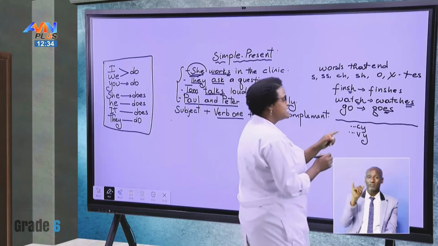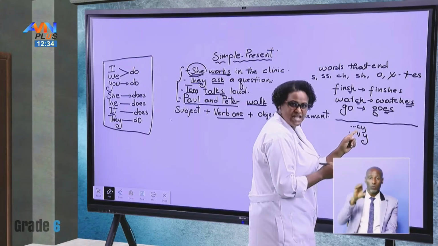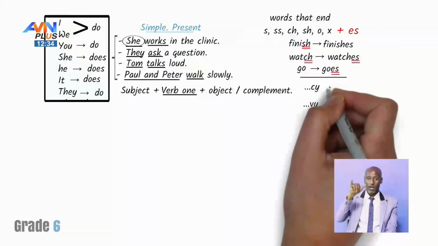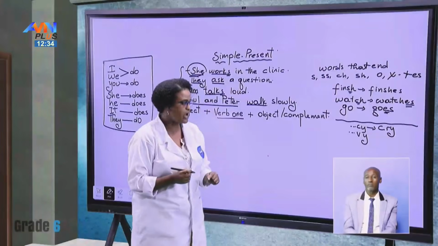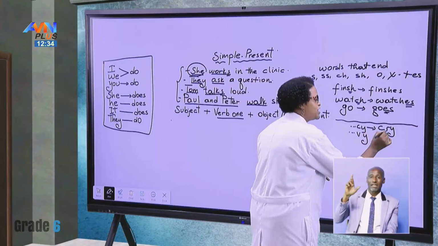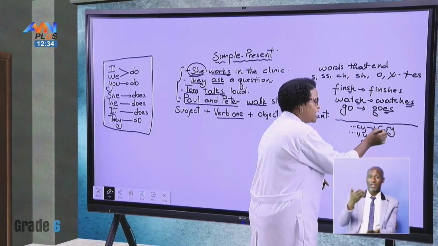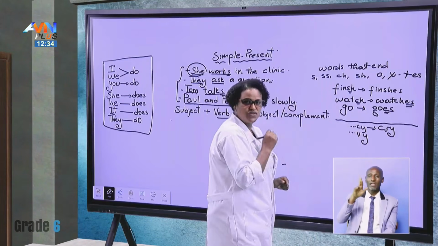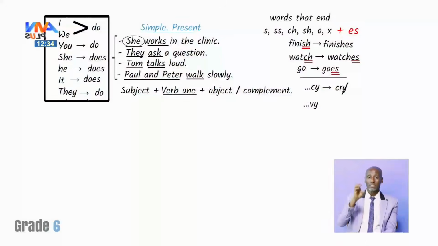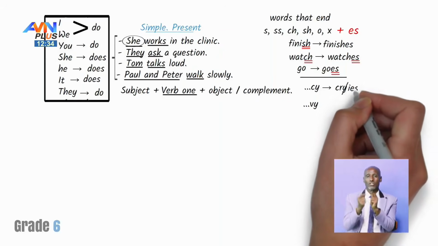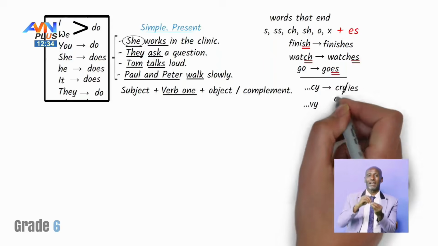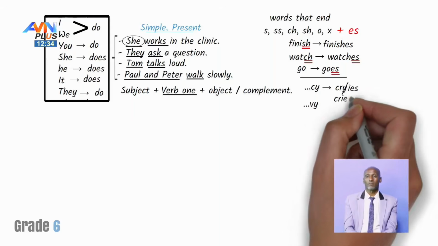For the verbs that end with consonant and then Y, like for example, the verb cry, we have what? R before Y. And R is what? Consonant. For that matter, we need to cancel Y and change it into I. Then we add what? ES. So it becomes cries this way.